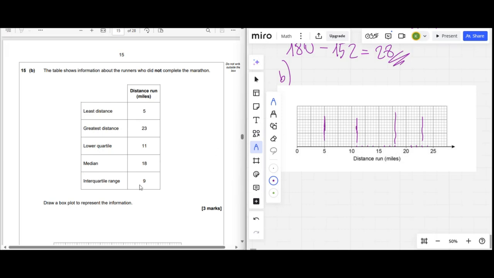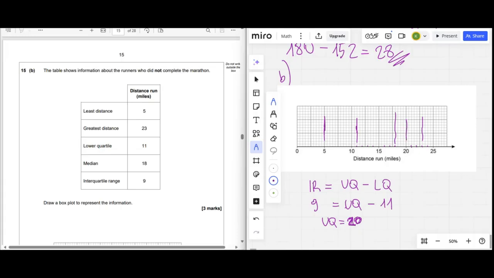And interquartile range being 9, and interquartile range is upper quartile minus lower quartile. So 9 is upper quartile minus lower quartile at 11. So that upper quartile should be at 20. There.